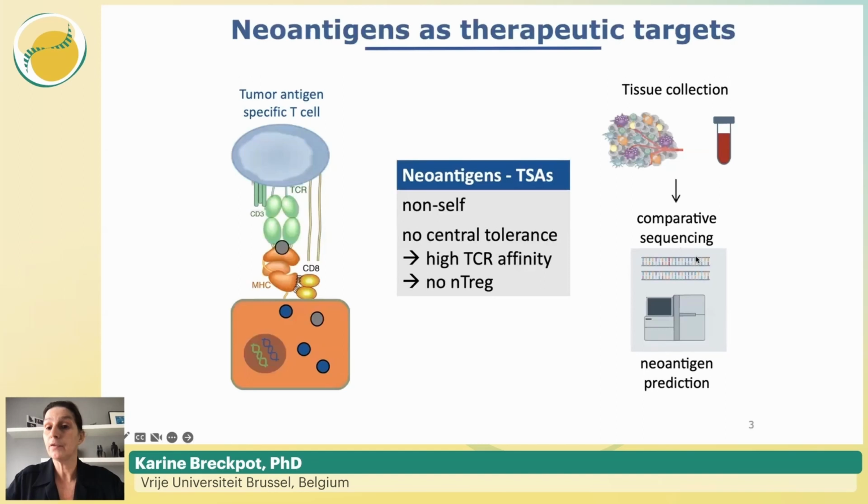And this comparative sequencing is then fed into a computer algorithm, and you have multiple computer algorithms that you can use to predict which neoantigens are actually present in the tumor biopsy.